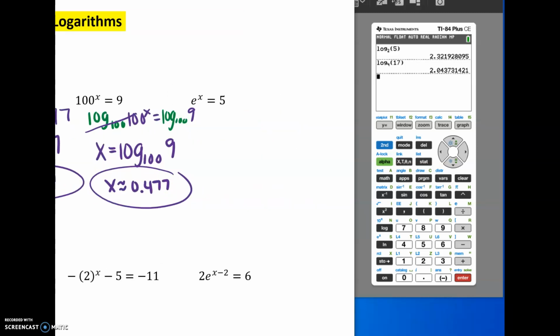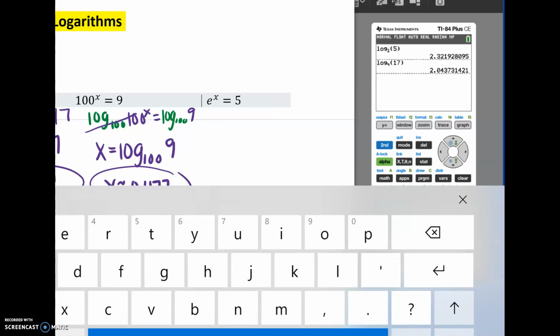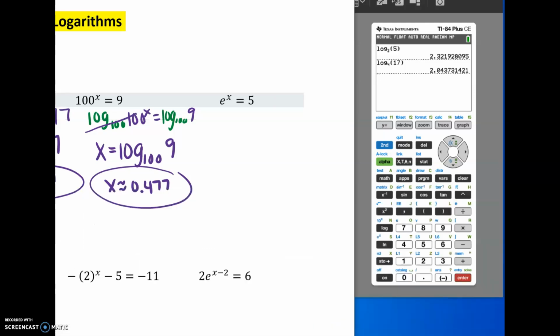And the last one. So this time we have that e. So if you recall, we need to use the natural log. So this time I'm going to have the natural log. Remember, the base of natural log is e.